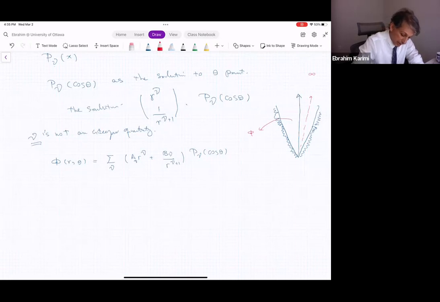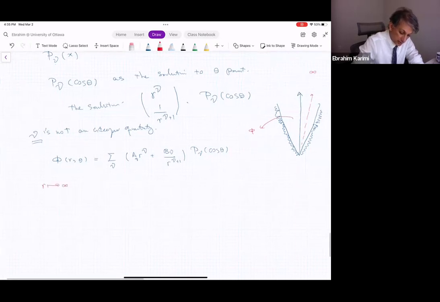So at r going to infinity, the potential should be bounded essentially. So then it means that the first term, no, sorry, my bad.